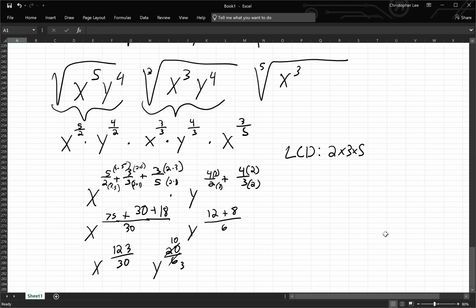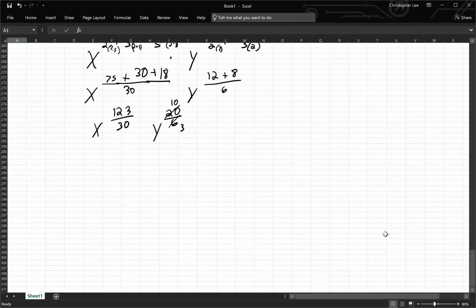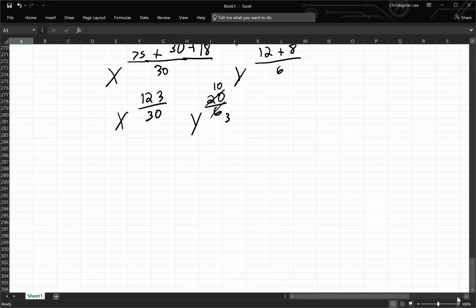What's the question? Wait, hold on. Like the fifth root, like that? No, it's gonna be 5. Like that? Okay. 3. Parentheses. 1.